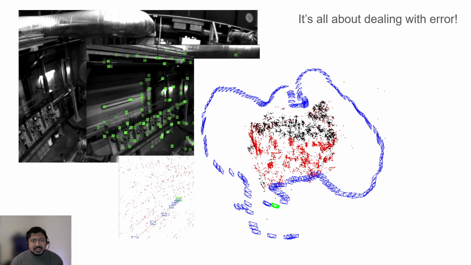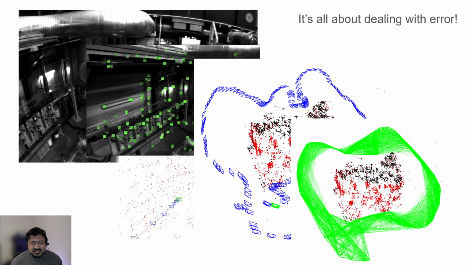Those are those keyframes, as they're called in ORB-SLAM, and then those red dots are the featurized projections of the interest points. So now you could take a collection of these, and from various keyframes, you can see which interest points they observe and connect them together using edges.